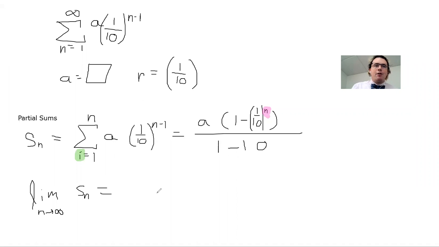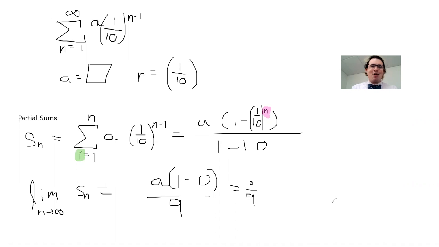So I know when I take this limit, I will get a times 1 minus 0, since the limit of 1/10 to the power n, as n goes to infinity, is 0. And I will divide by 9. So this equals a. Let me do that in text. There we are. Divided by 9. Okay.